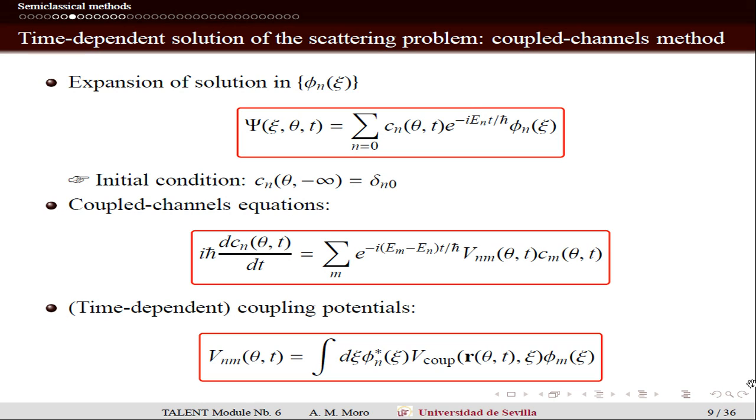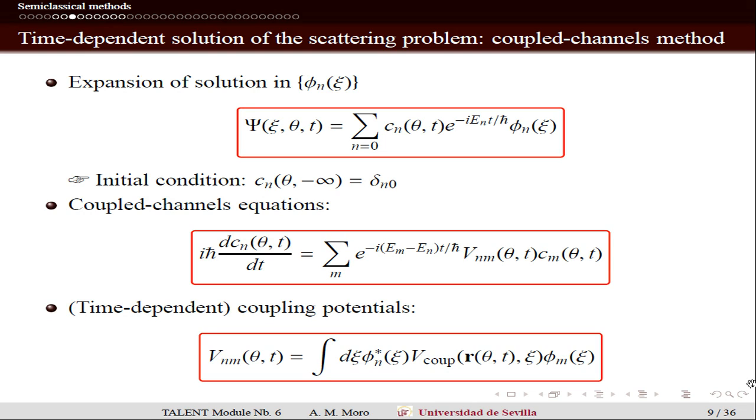So the unknowns here are these coefficients, dependent on the scattering angle theta and on time. And this is the time evolution of these coefficients. And we get here V and M that are written explicitly here, that are just our famous coupling potentials that we discussed at length last week on Monday.